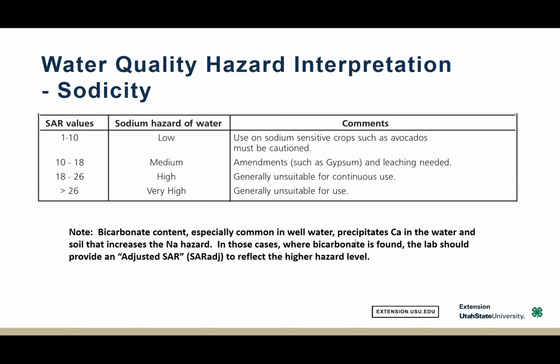And in those cases where bicarbonate is found, the lab should provide what is called an adjusted SAR value, which reflects that increased hazard for bicarbonate content. So be sure, if that's provided, that you pay attention to that, because then that will adjust upward the hazard level of that particular water.